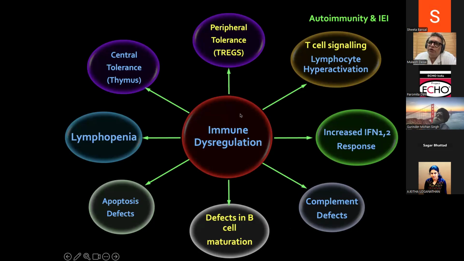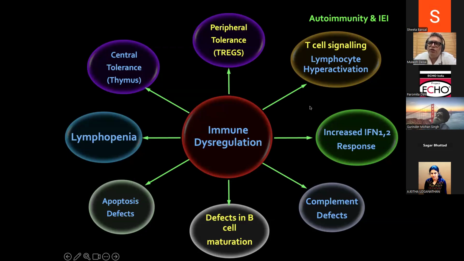So we all know that the immune system tolerates self-antigens, and the tolerance is central tolerance as well as peripheral tolerance. We know the thymus is important for central tolerance, where T cells are educated by the AIRE gene expression, and deficiency of it causes APECED disease. Then we have the peripheral tolerance, where T regulatory cells play a very important role.